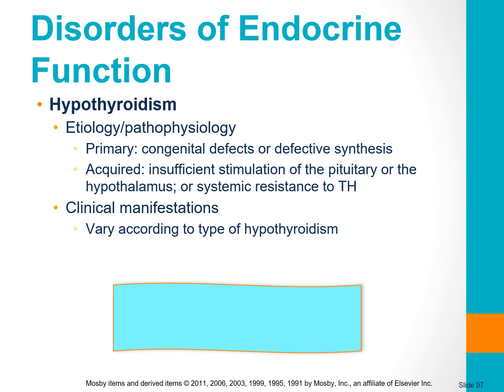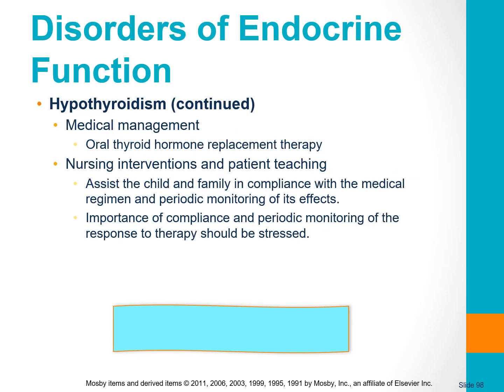So this is one of those federally recognized disease screening processes that we do to children where they do the heel stick and they're testing for endocrine disorders. So what we're looking for is hypothyroidism.